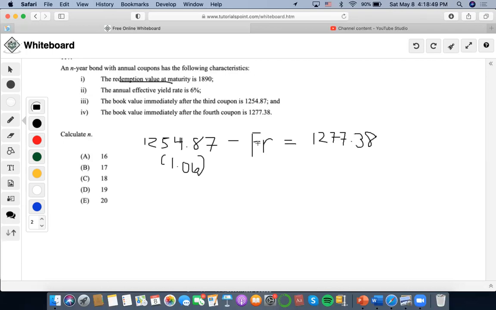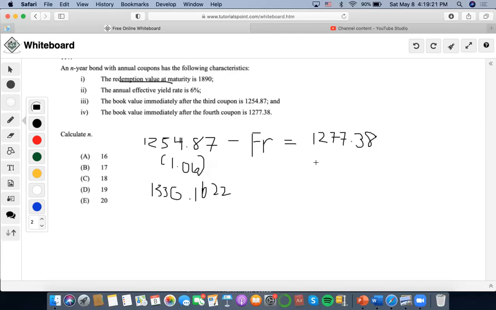And that's how two book values are related to each other, especially when dealing with coupons being paid out. So what we're going to do is 1254.87 times 1.06. So we're going to get 1330.1622. Then we're going to move this to the other side. So we're going to do 1277.38 minus 1330.1622.